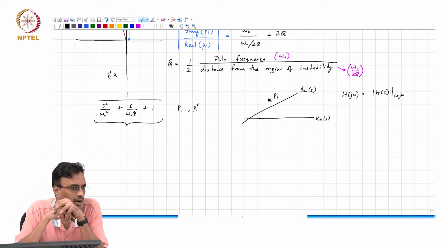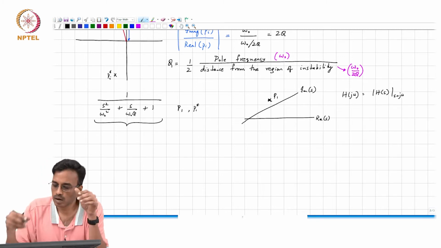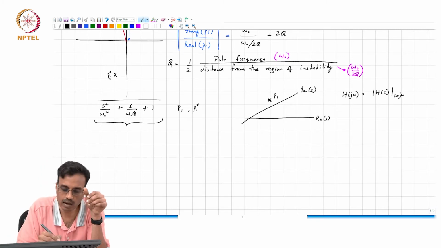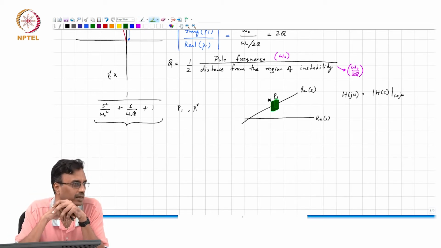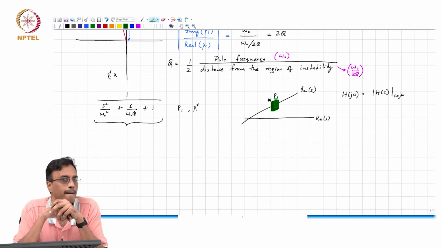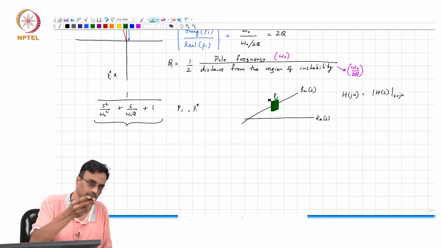At what frequency do you think you should expect to see a peak in the magnitude response? Close to omega, somewhere in that region, and why does that make intuitive sense? At P1, so what? But we are not evaluating it at P1, right? Yeah, very good.